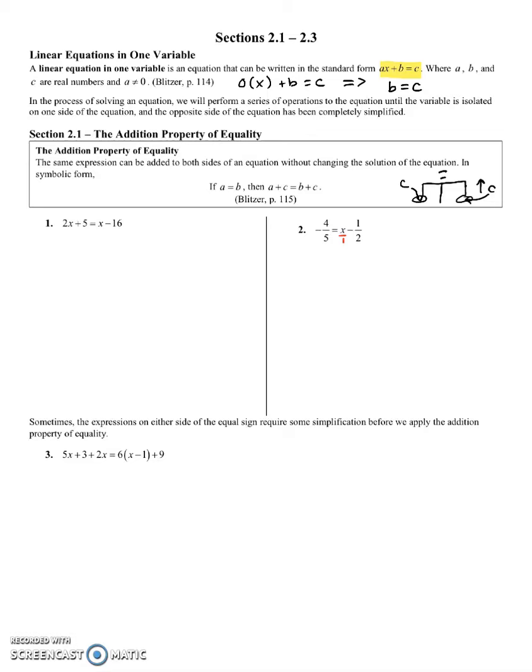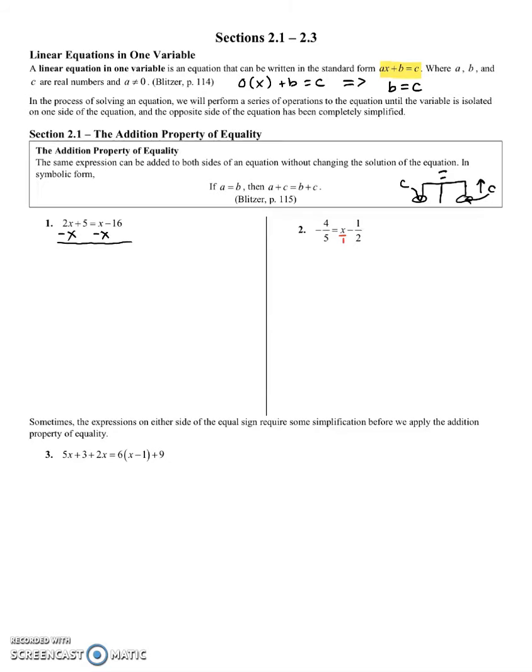So for example, if we look at this first one, we have 2x plus 5 equals x minus 16. We need to get the x's on one side and the numbers on the other. So since I have a 2x here on the left and an x on the right, I'm going to subtract x from both sides of the equation.